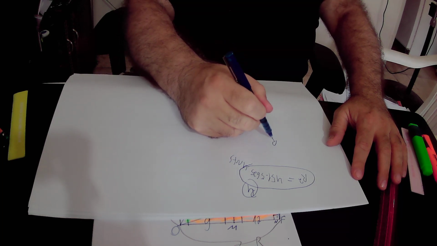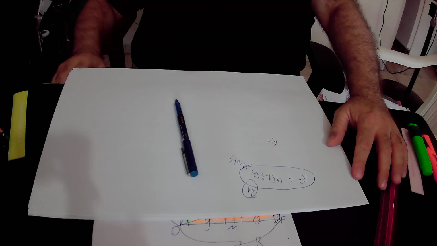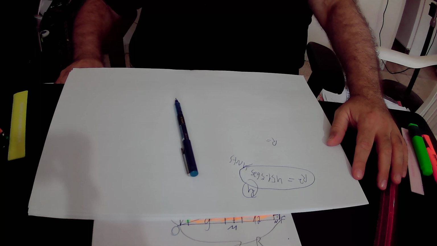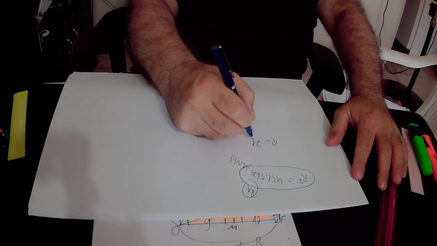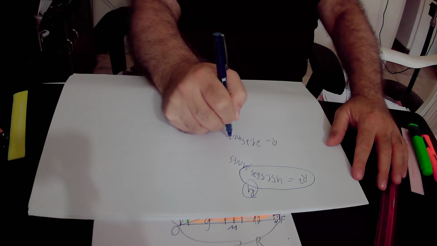So here we take a root out of this equation and we get that the radius that we are looking for equals the square root of 451.5625, which is 21.25 units.